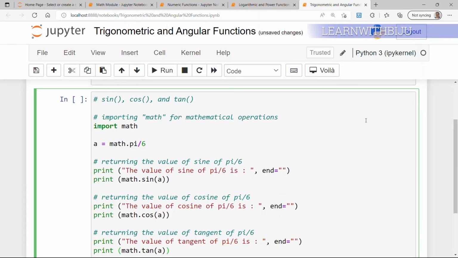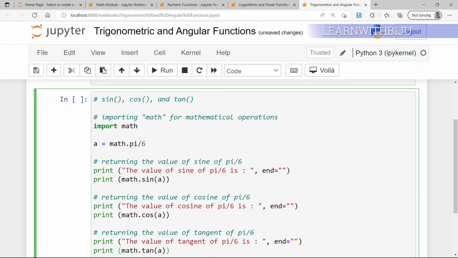So we are going to demonstrate sin, cos and tan. So first of all, we imported the math module. Then we have declared a variable a whose value is math.pi divided by 6. So we are calculating the sine of a, the cosine of a, and the tangent of a.